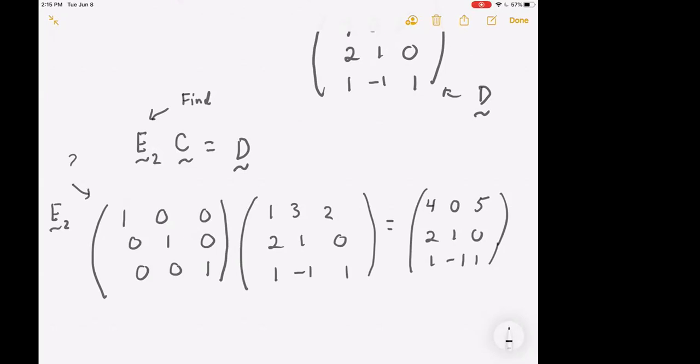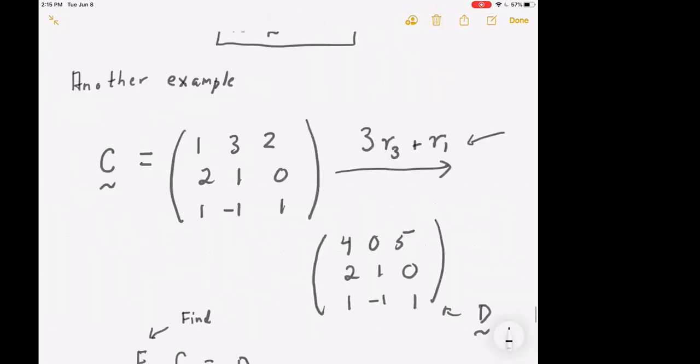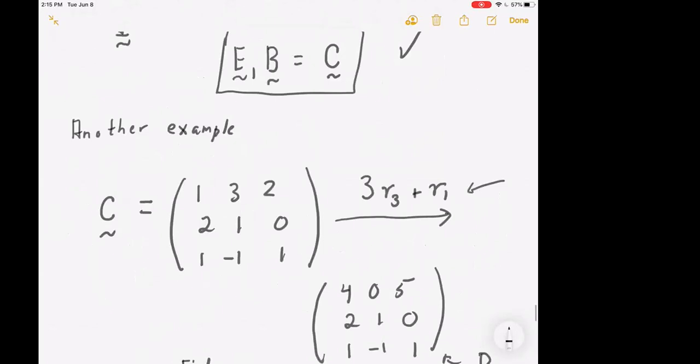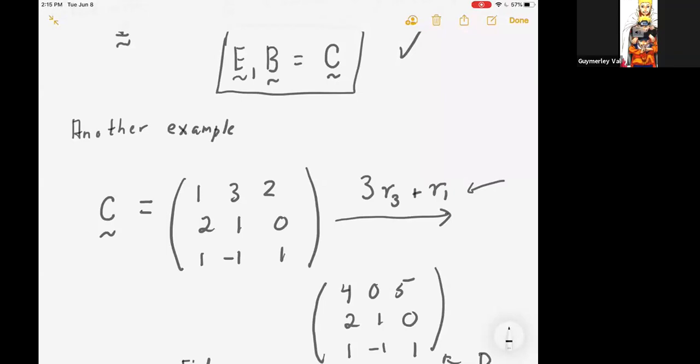So you have to ask yourself, what do you need to do to change this identity matrix into a matrix such that when you multiply it by C, you get the matrix D. So think about what the elementary row operations are that you want. You want to take a Xerox copy of row 3, multiply it by 3, and add that result to row 1.